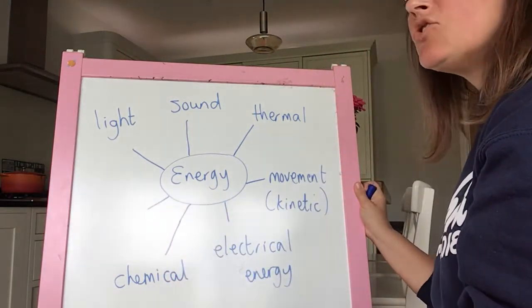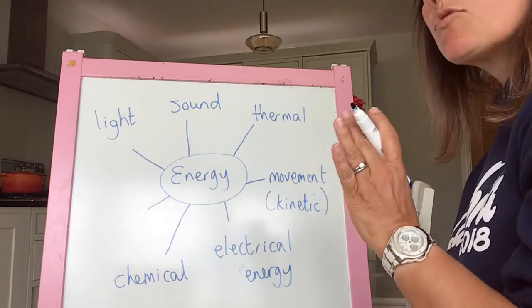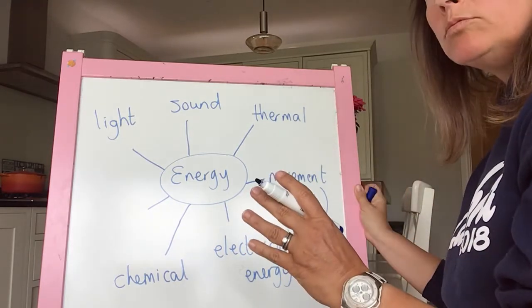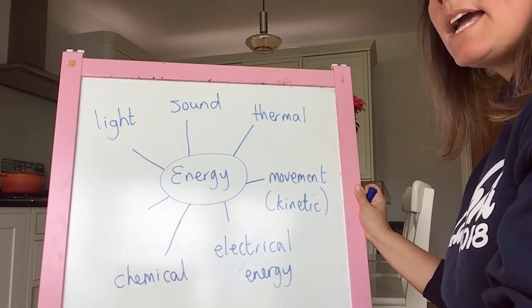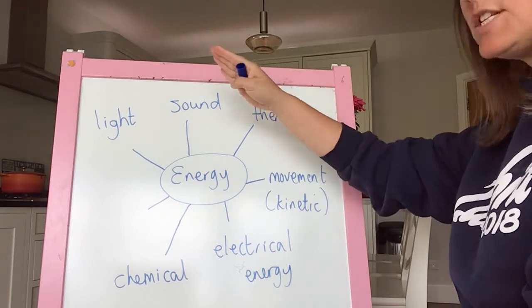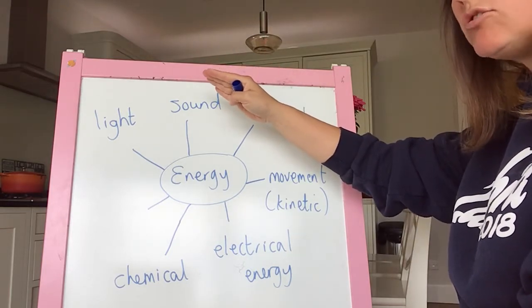Okay, a bit of a strange one for you now. Potential gravitational energy. This is the kind of energy that anything that's above ground level and has the potential to fall has. So for example, if I was to stand on the table, I could fall, couldn't I? So I've got potential gravitational energy.